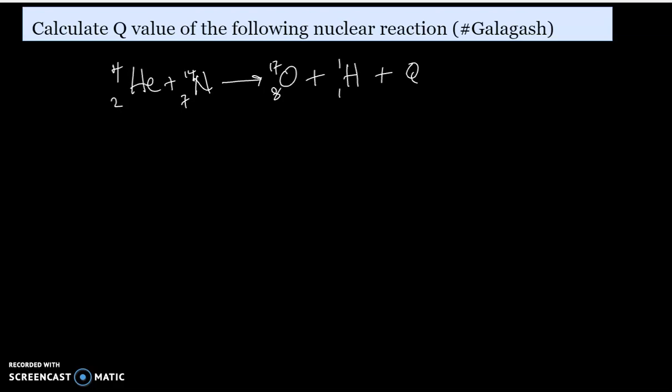So in this reaction, helium plus nitrogen gives oxygen and hydrogen, and the amount of energy that is going to be absorbed or released during this reaction is what we refer to as the Q value.